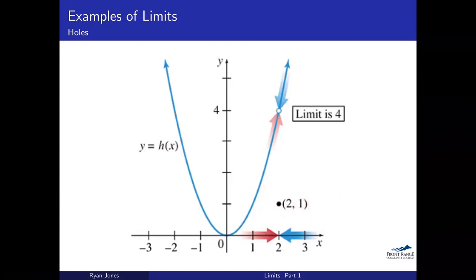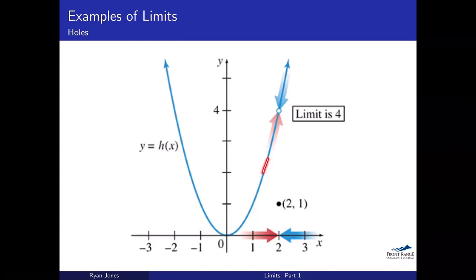But that's actually incorrect. I agree that the function is defined at this point (2, 1). But again, like I keep saying, I don't really care about the function being defined at a particular point. I care about the limit and where it's approaching, where the function is getting closer to.